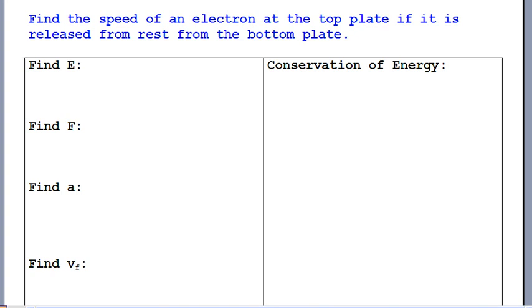They both work. Option number 1, find the size of the electric field by going change in voltage divided by gap. We already did that, and we found that it was 3,330 newtons per coulomb, and the direction of that electric field was down, because protons would have been shoved down.